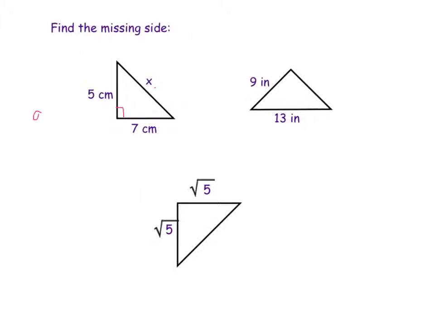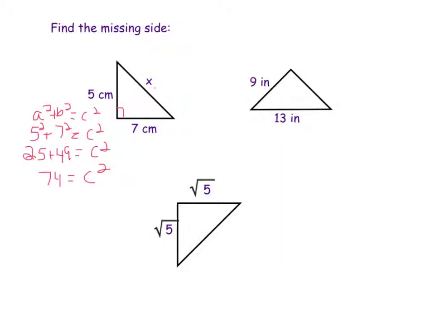So we can just do a squared plus b squared equals c squared and fill in the numbers and square them. So 25 plus 49 equals c squared. And this is where solving quadratics comes in.